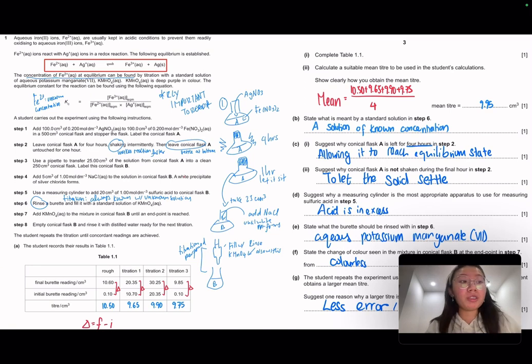So the forward happens faster, the backward also happens faster. So essentially it doesn't really affect in a way, but yeah. Then you leave it untouched for an hour, not shaking anymore. This is likely because it might produce some solid, and you want to settle the solid at the very bottom.